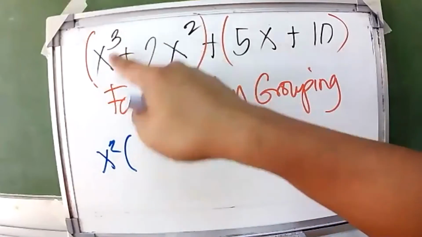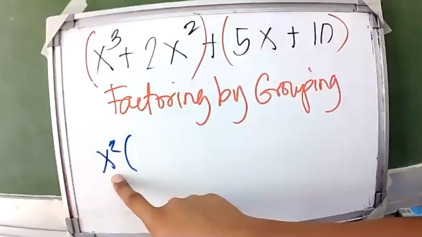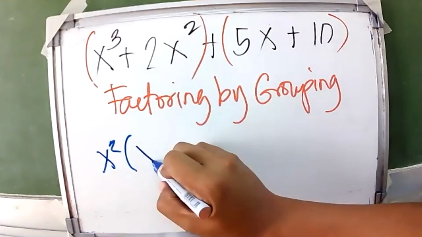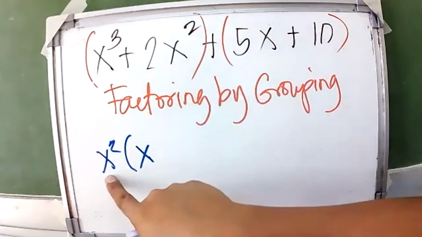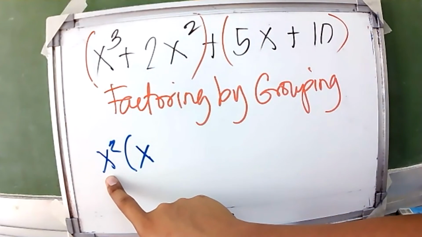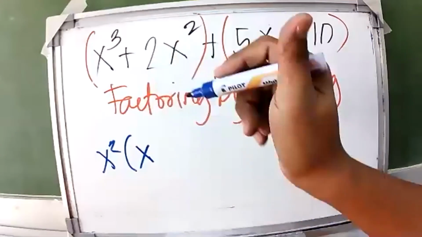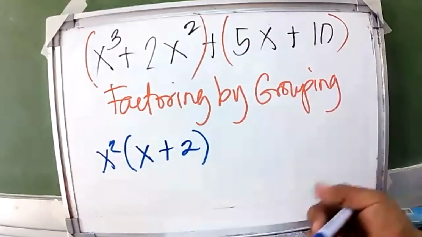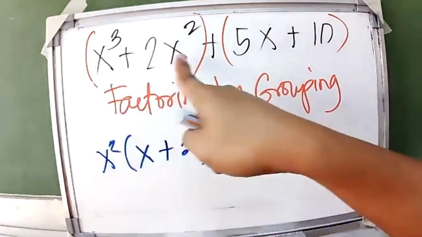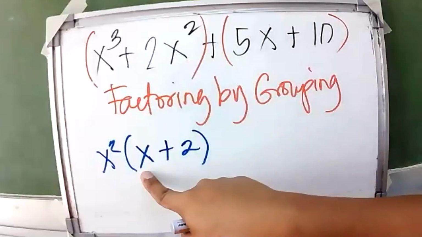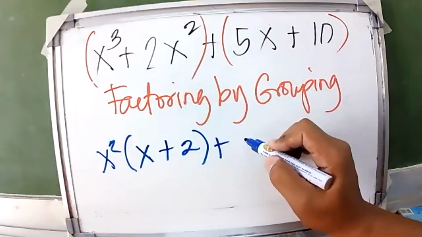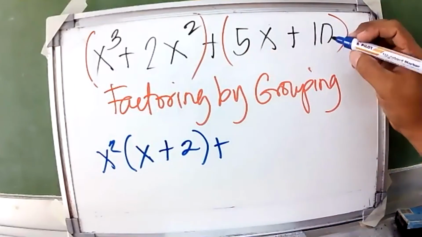Factor out. x cubed divided by x squared, the answer is x. 2x squared divided by x squared, the answer is 2. Plus 2. Get it? You factored out x squared, divided, and what's left is written. Plus.